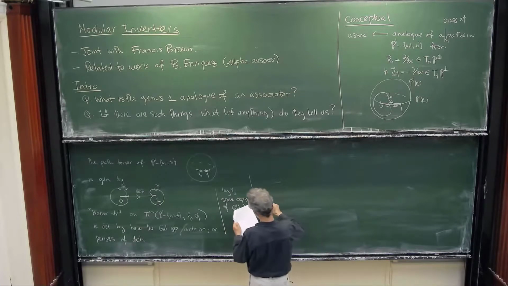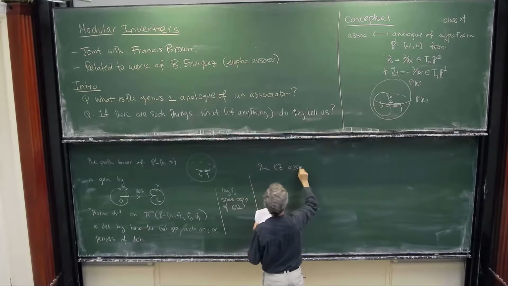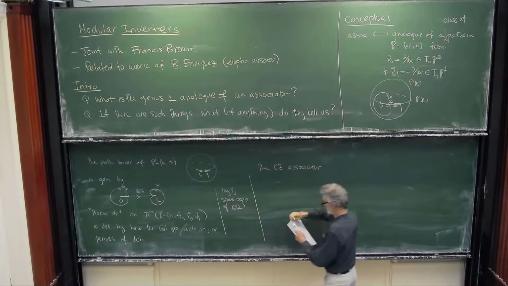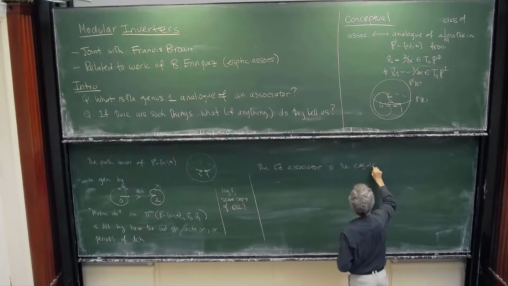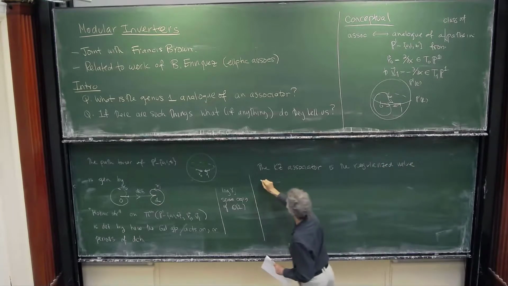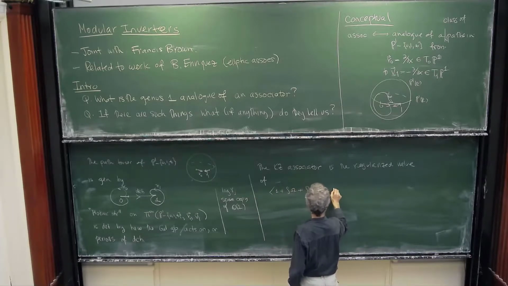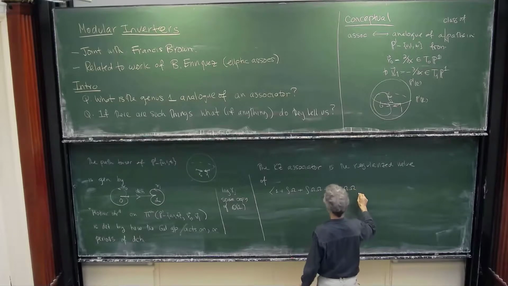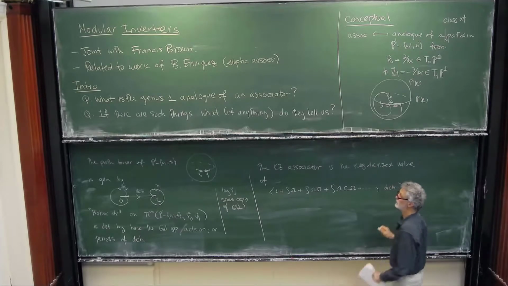All right. So the KZ associator, I guess that's the same as the Drinfeld associator, is the regularized value of, I'm going to write it this way, 1 plus the integral of omega plus the integral of omega omega plus and so on, evaluated on this path, the straight line path from 0 to 1.